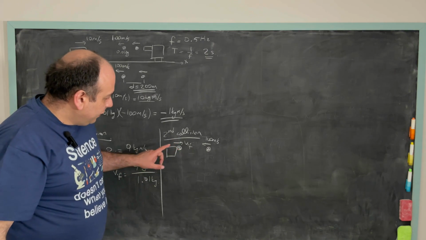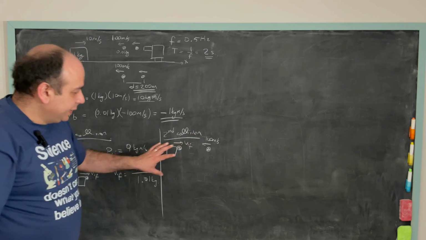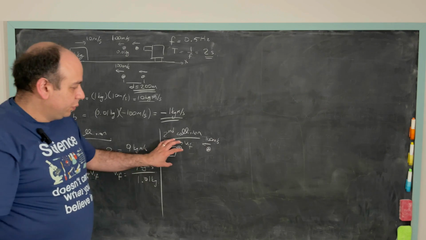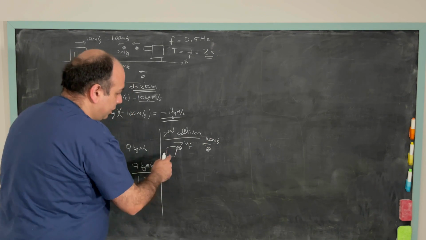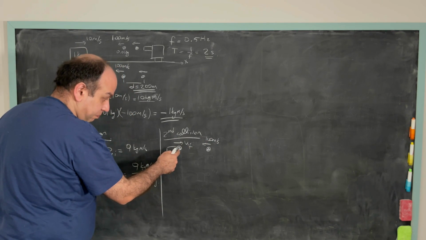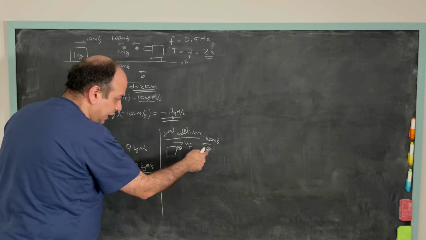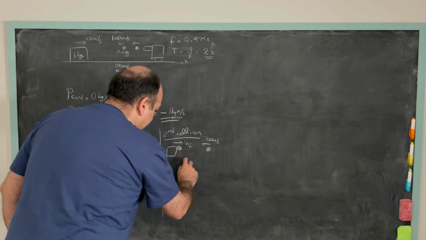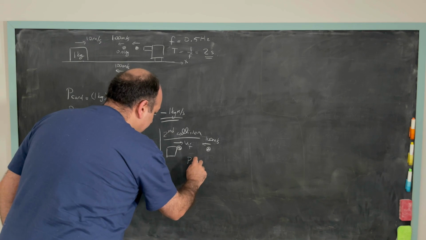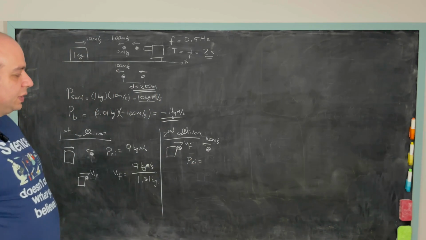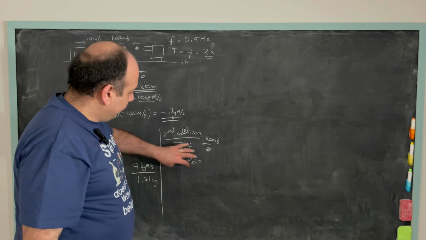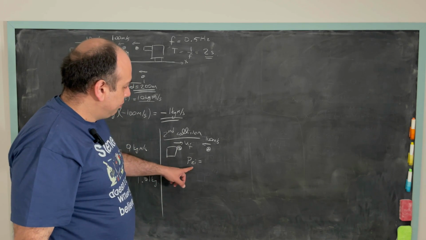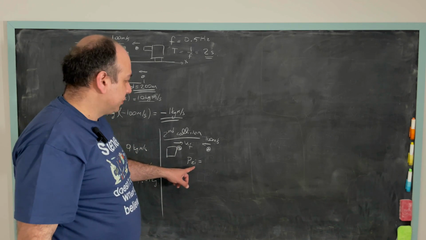If I'm just looking at the second collision, what is the linear momentum of this system now? This cart plus this sticky ball plus this sticky ball. Let's call it P2 initial, the linear momentum of this system before the second collision.